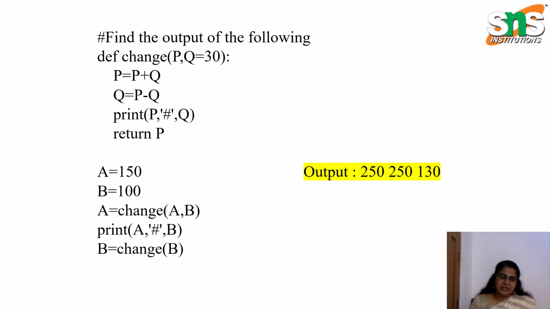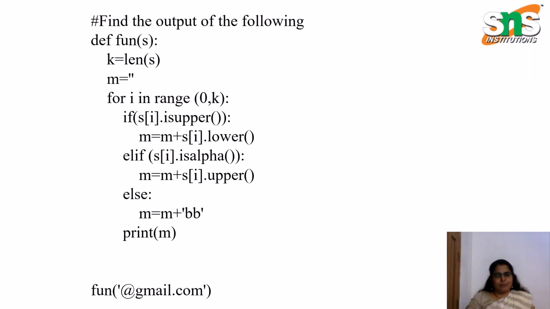Now I am going to print p comma hash q, and it returns the p value. I am declaring the variables a equal to 150, b equal to 100. It will change: a equal to change a comma b. Now print a, b, b equal to change b. Now the output of this program is 250, 250, then 130.